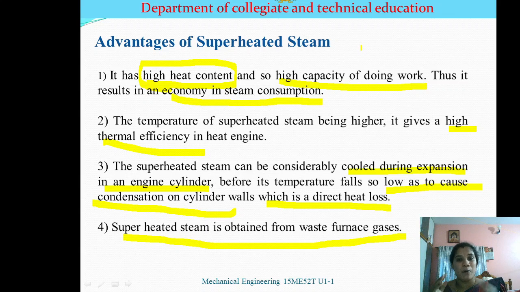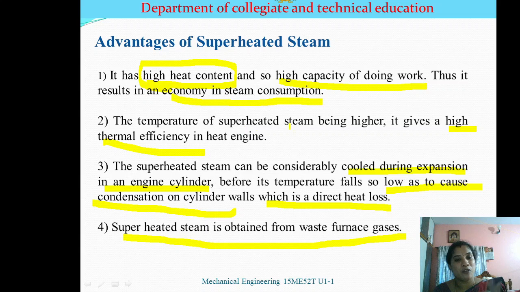Okay, so which are the points we need to remember in this slide? It has an ability to absorb high heat, therefore it can do more work, therefore the steam consumption will be less. In this point you can write three points.